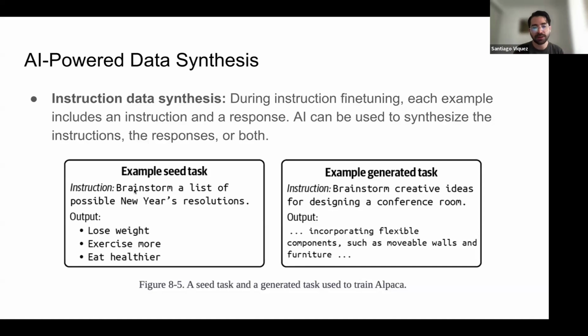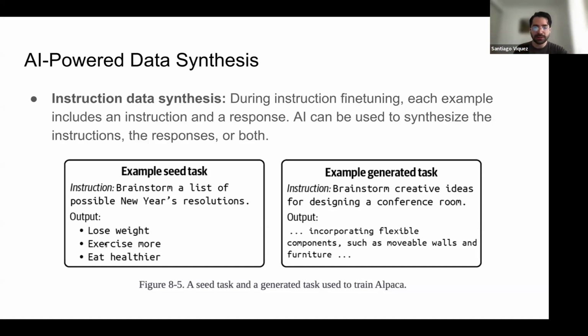Then this template, you can pass it to a model, usually a high quality model, to generate more examples that follow this same template. So the model goes and generates an instruction or an output like, okay, brainstorm creative ideas for designing a conference room. And then it has an output.